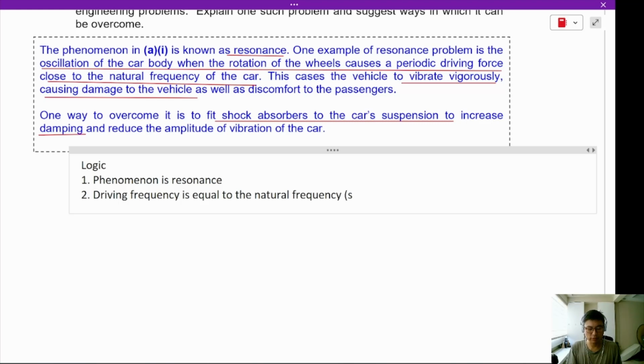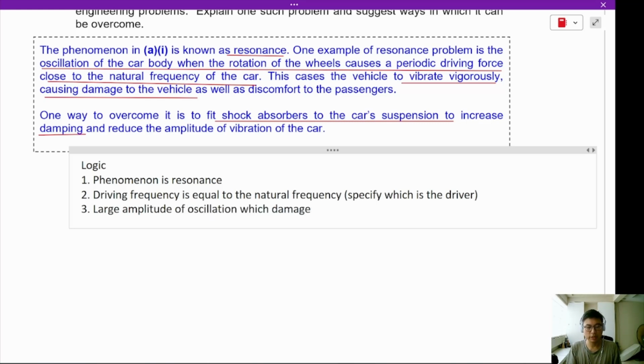And then we'll be specific. And then after that, it will cause a very large amplitude of oscillation which damages the system. So you can specify what is damaged. Okay, specify what is damaged.